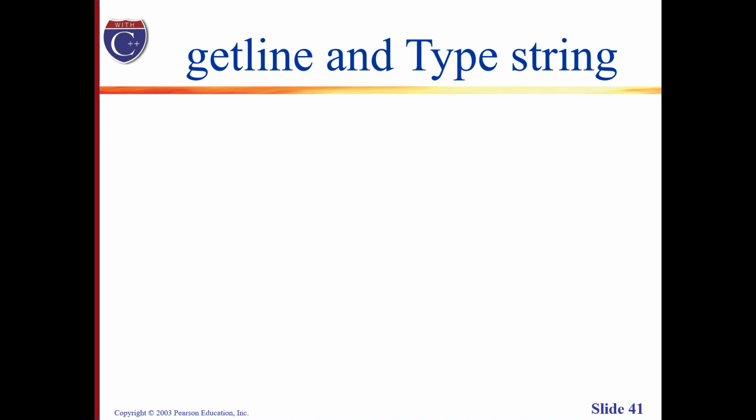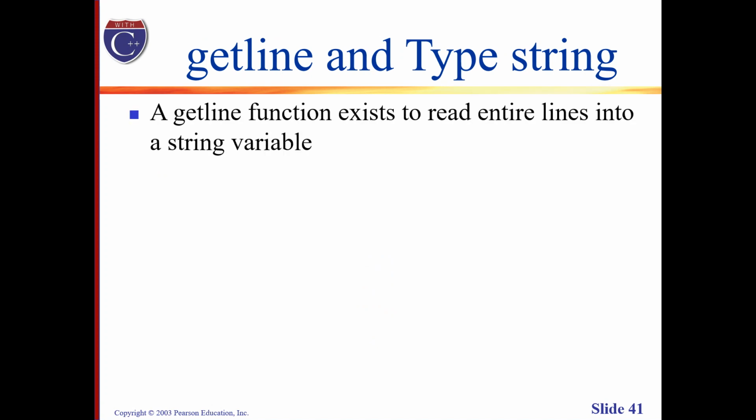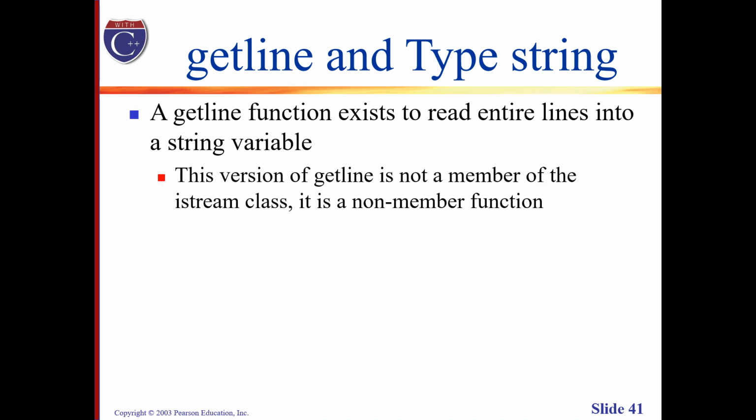Let's talk about getline and type string. A getline function exists to read entire lines into a string variable. This version of getline is not a member of the istream class, thus it is a non-member function.